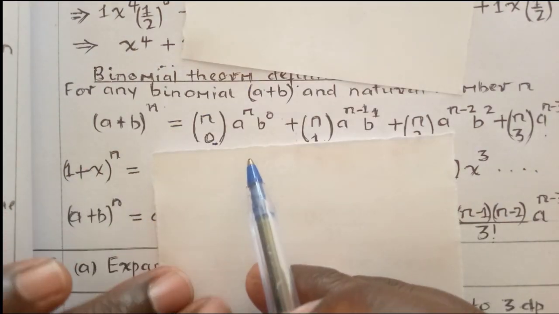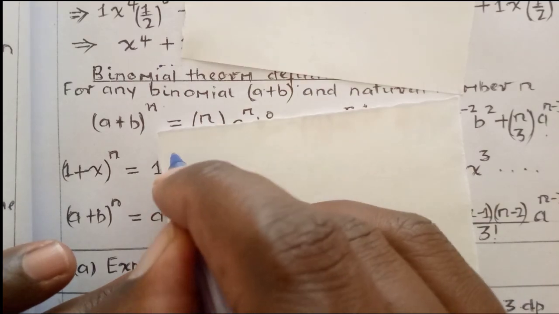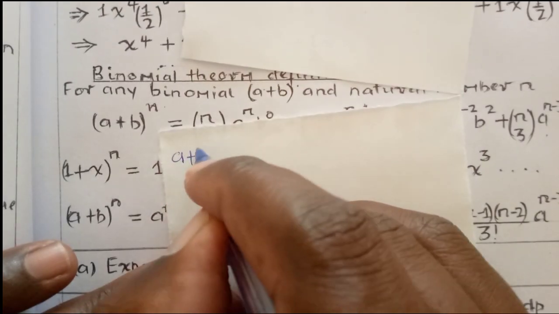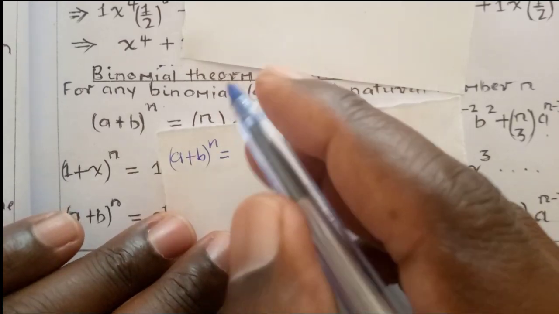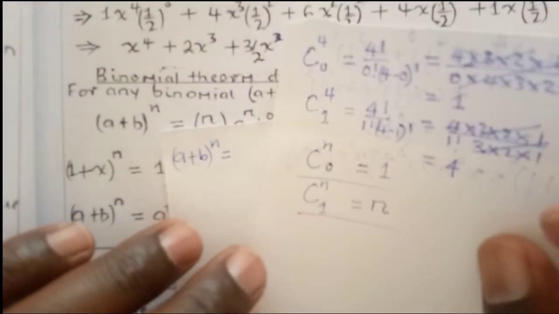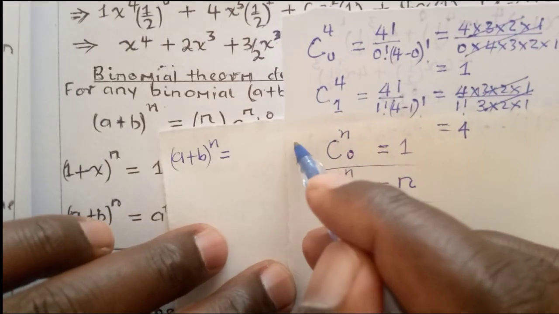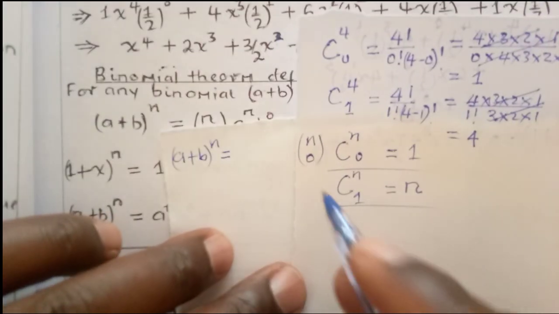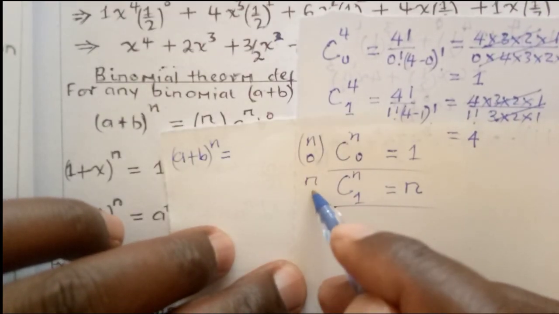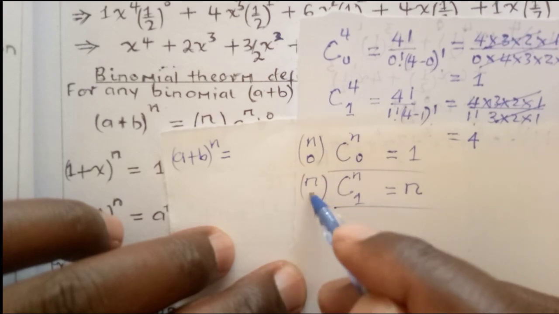So guys, let's expand a plus b raised to n. This is equal to, this combination can be written as C(n, 0) like this. This other one can be written as C(n, 1) like that.